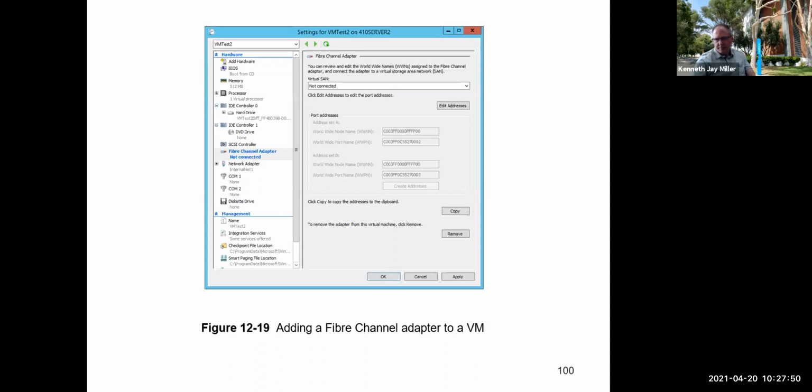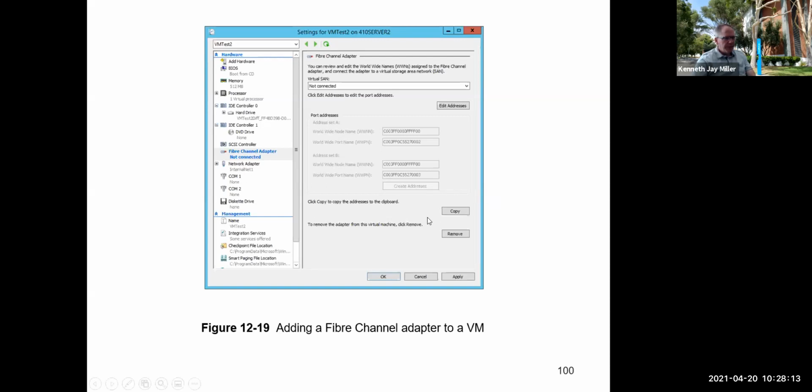The virtual machine can't be running, but you can definitely change the network attachment. This is with the SCSI controller, with the fiber channel for the network, the virtual SAN. If it's configured, you can drop down and get it. Otherwise, the network adapter will be connected to whatever it's named there.